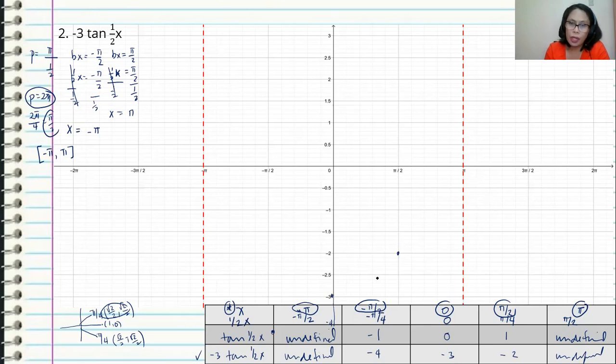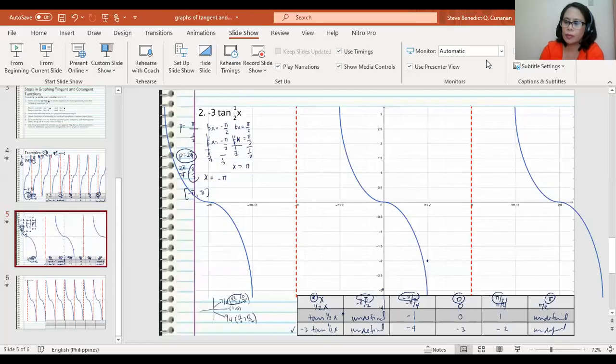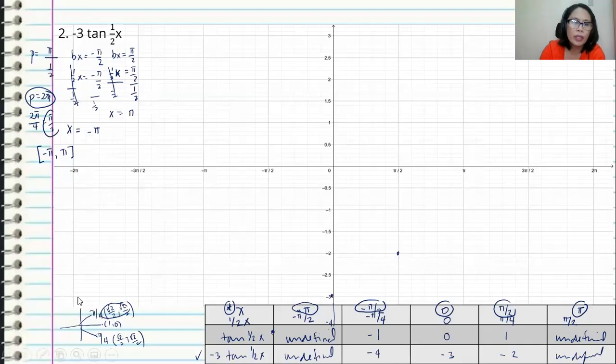So if we're going to connect these points, we'll come up with, but we have to note that this negative 3 is a factor. So instead of adding, we will multiply.